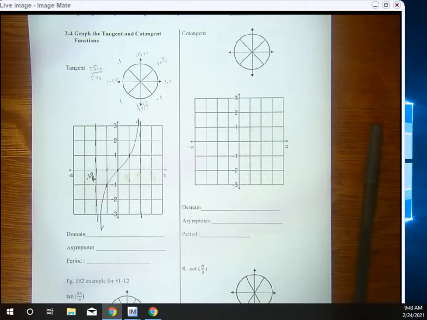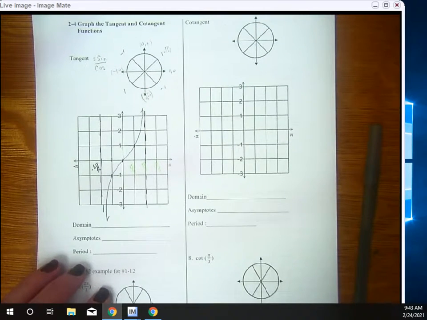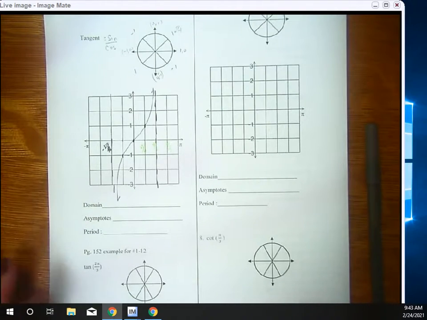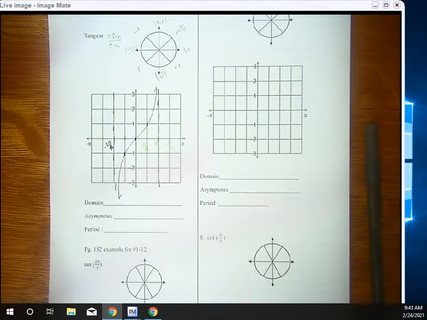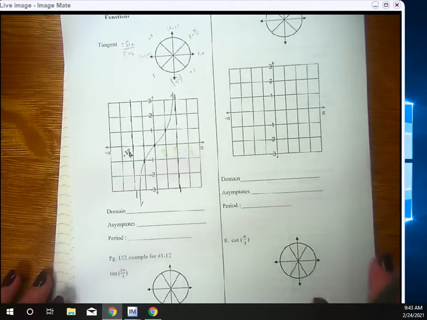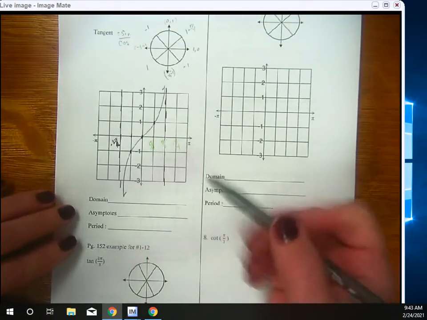The next thing I want to look at is the domain. If our graph has vertical asymptotes, then our domain is no longer all real numbers. We have to throw out these asymptotes, and the asymptotes occur at every pi over 2.